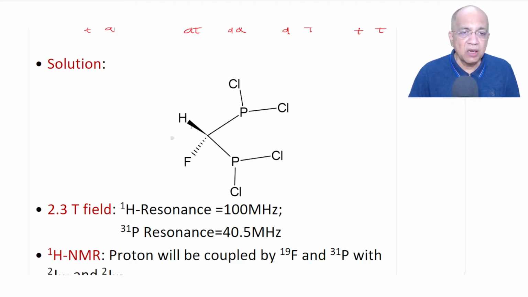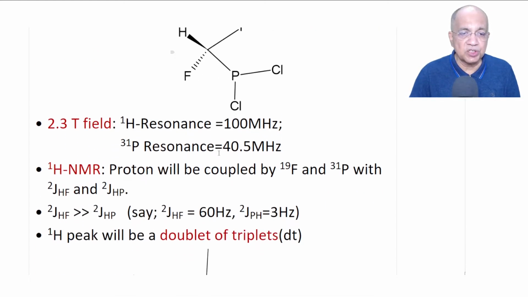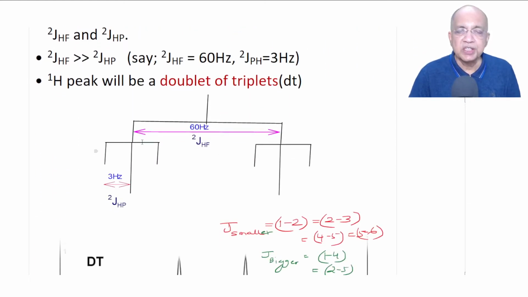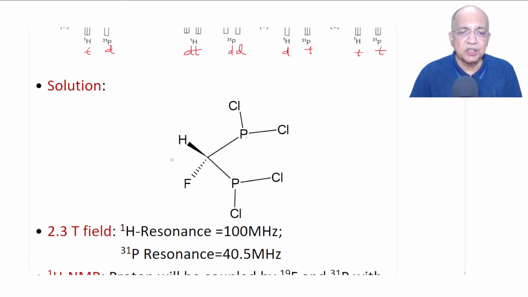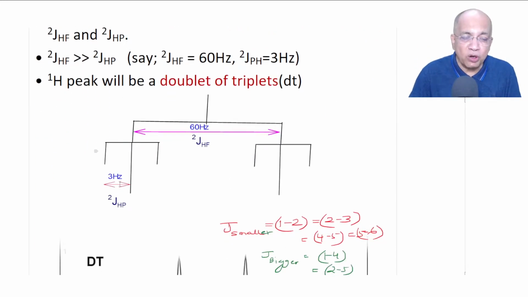Since the J value for the HF is larger, about 60, let us first split the proton peak into a doublet with the larger coupling constant, and each of the components is again split by 2 phosphorus atoms into a triplet, 2 plus 1, with a smaller coupling constant 3.